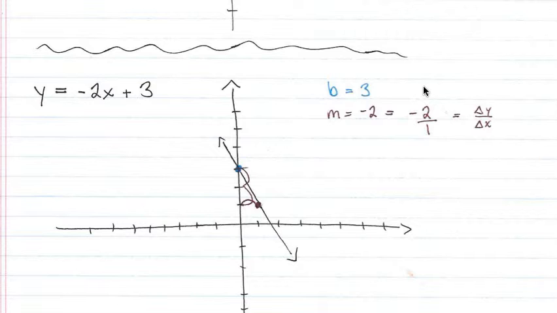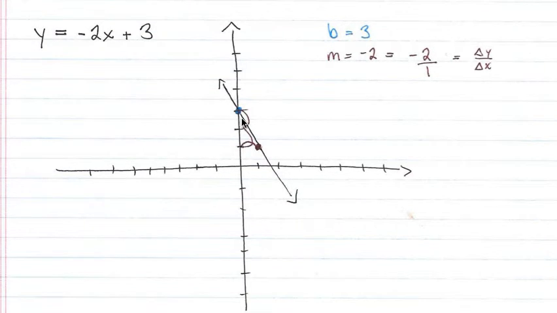You can just put a 1 underneath anything and it doesn't change the number. 2 divided by 1 is 2. 3 divided by 1 is 3. It stays the same. However, it does make it easier for us to look at because we can see now that -2 is our change in y value, and 1 is our change in x value.